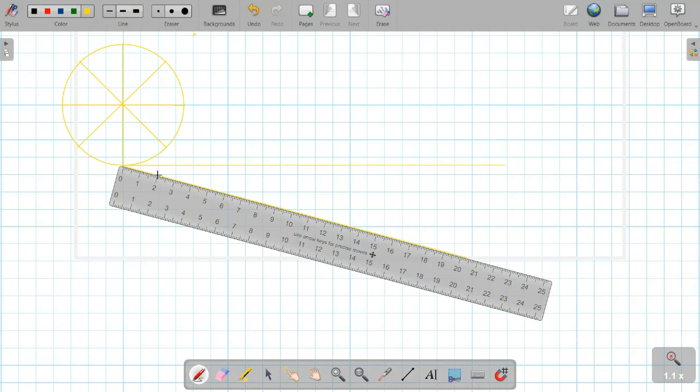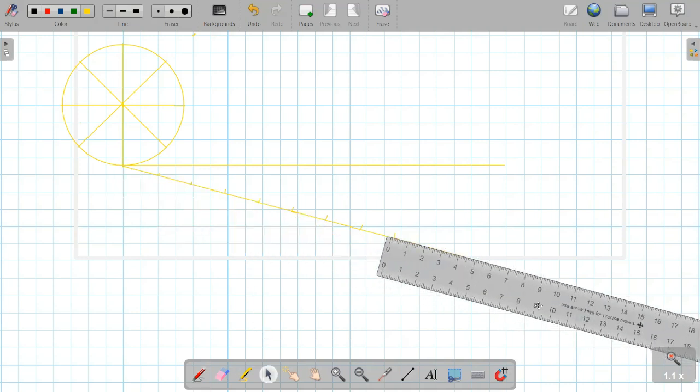So I will mark 2, then 4, then 6, then 8, then 10, then 12, 14, and finally 16. So we have divided this into 8 parts.